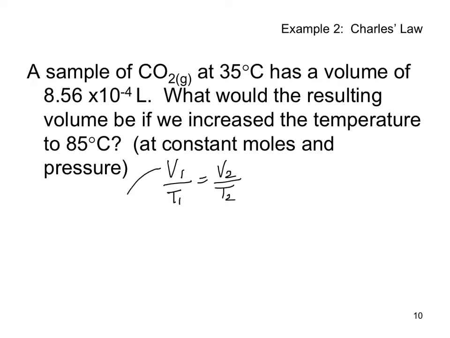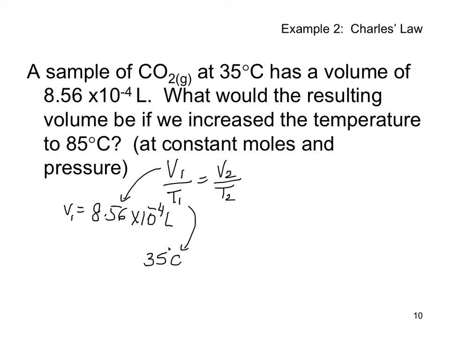We have been maintaining a sample of CO2, so we have an initial volume, the initial volume V1, which is 8.56 times 10 to the power of negative 4 liters. The temperature has been given to be 35 degrees Celsius.